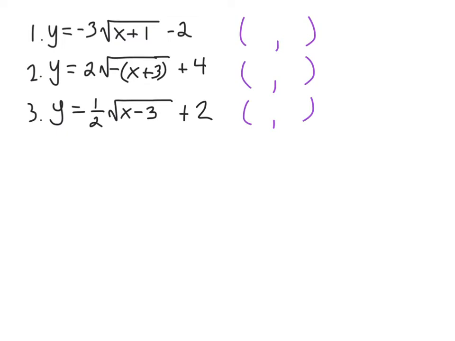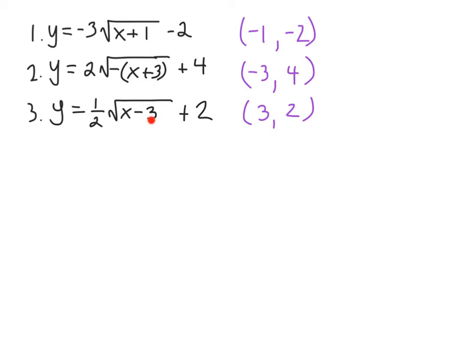Okay, so you should have got for your starting points (-1, -2), because again it's the opposite of this and exactly this. The second one you should have (-3, 4), again the opposite of this and this exactly. And lastly you should have (3, 2).